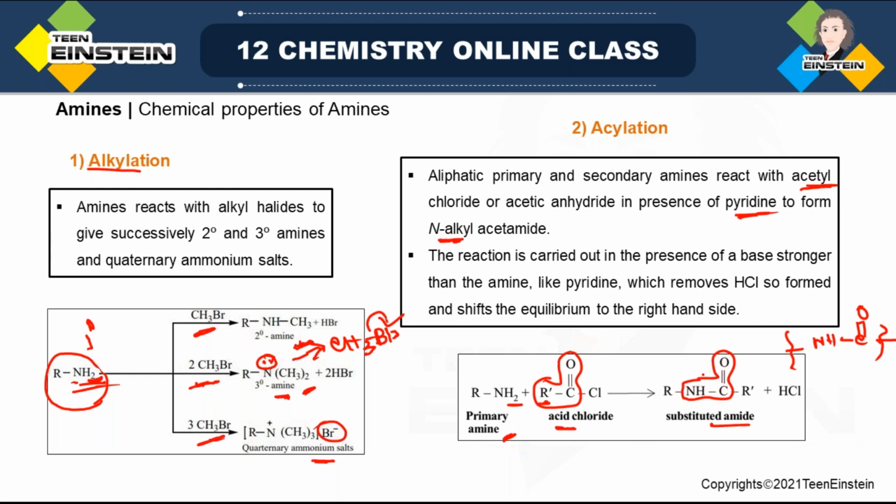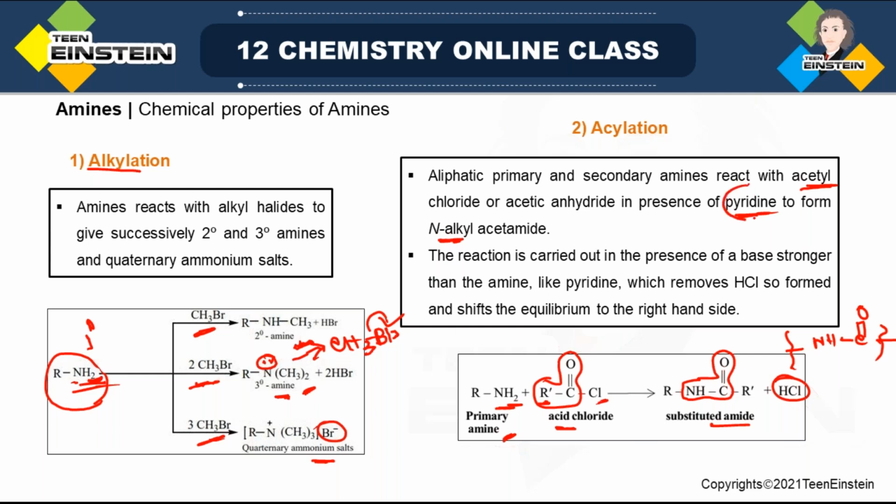In the previous reaction, after reaction, you are again getting amine. But in this reaction, as C double bond O is now attached with NH, the group itself is changed. Now the product is amide. Starting material is amine, and here the byproduct is HCl, because one of these H, which is basically replaced, that H will now be connected with Cl, and this HCl is acidic.